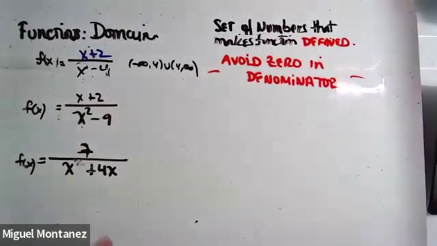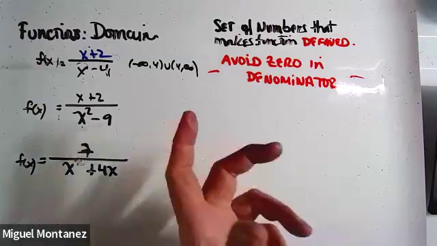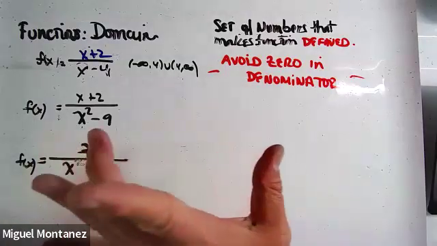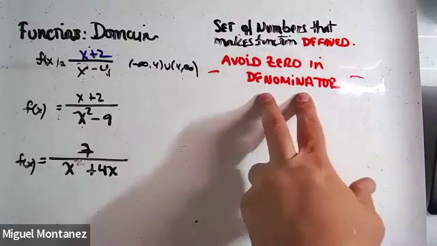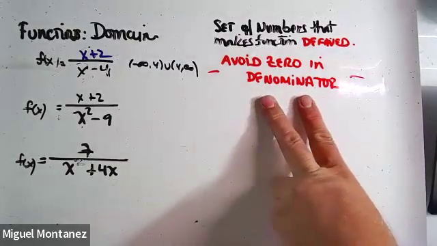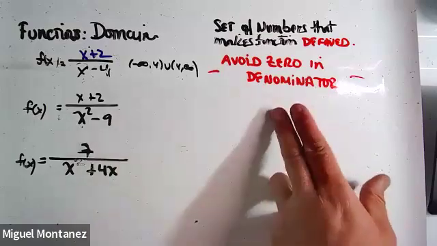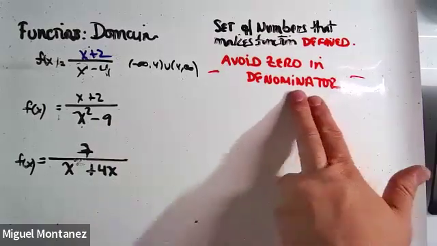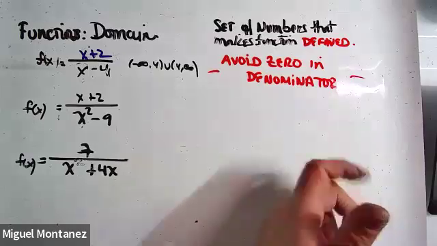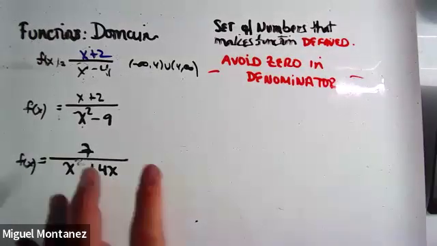If you recall, if I have a fraction, we still don't know how to divide by 0. So the domain is given by all real numbers except for the numbers that make my denominator 0. In other words, avoid 0 in the denominator.